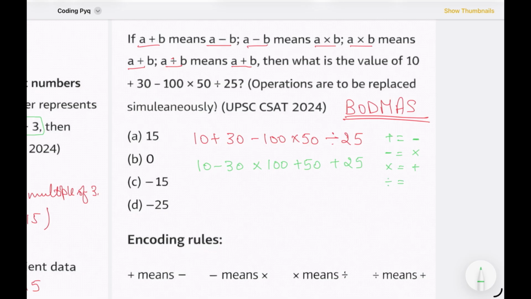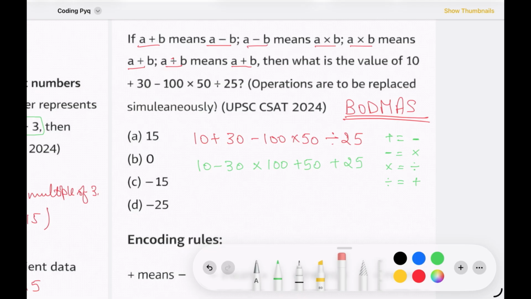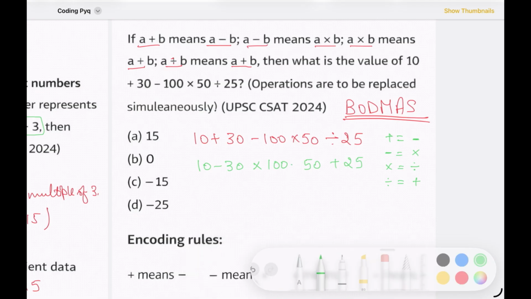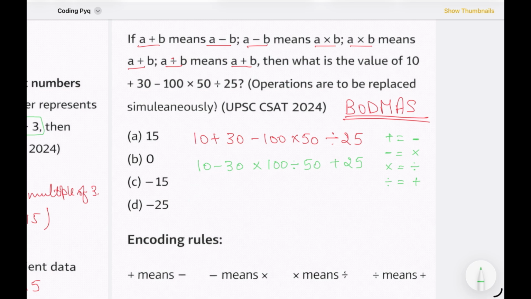And divide is equal to addition. So plus means minus, minus means multiplication, multiplication means divide, and divide means plus.